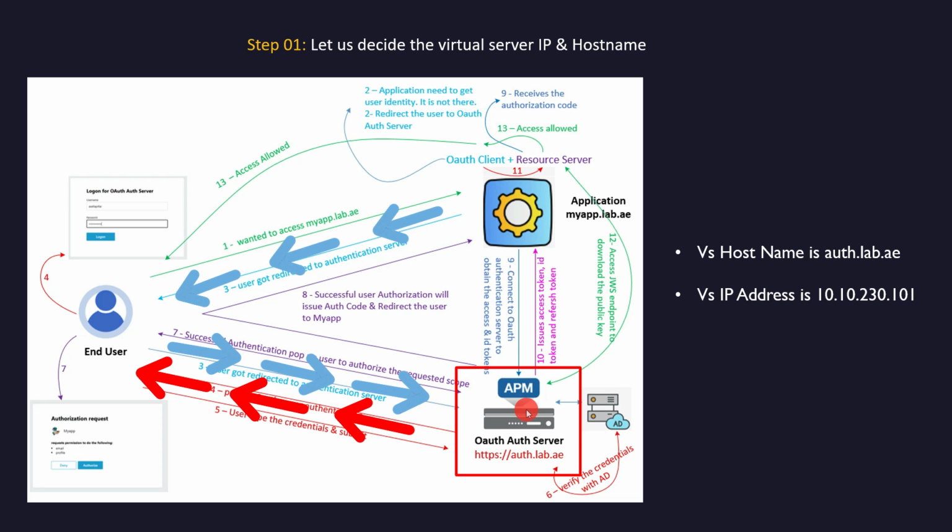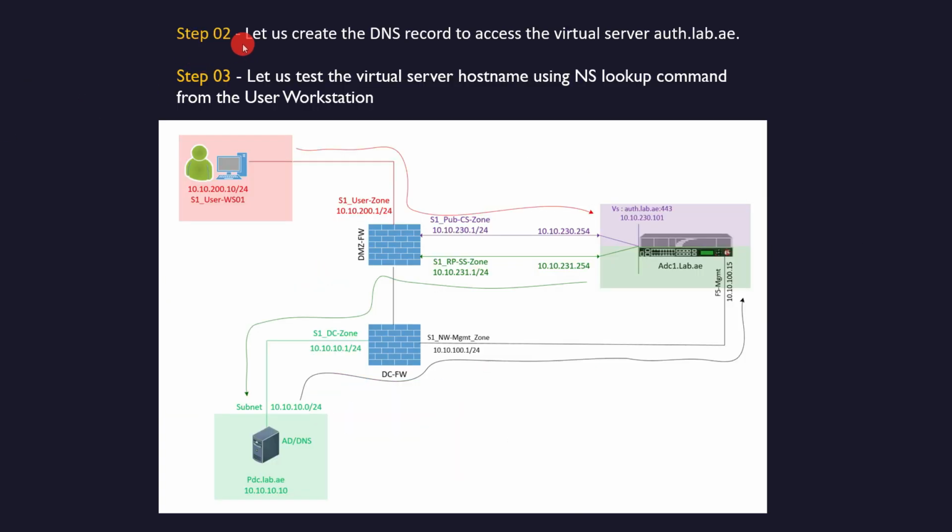Once the credentials are verified, it provides the access token and ID token using the authorization code. In our setup, the decided VS hostname is auth.lab.ae and the decided IP address is 10.10.230.101.